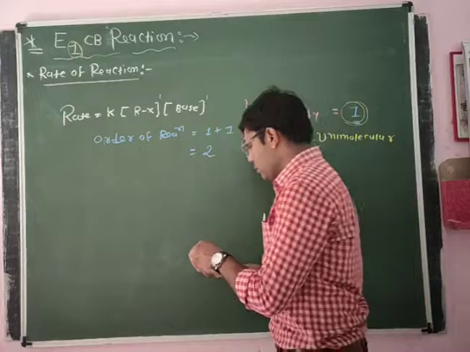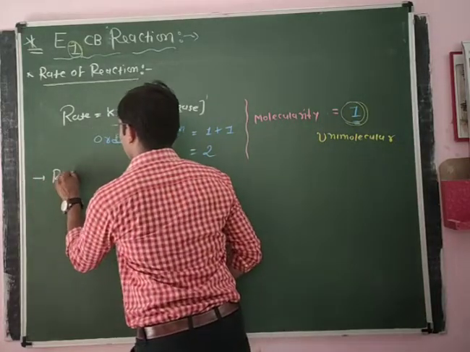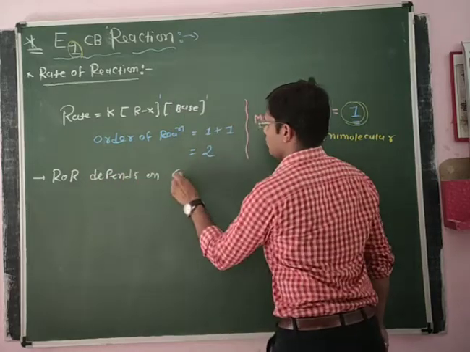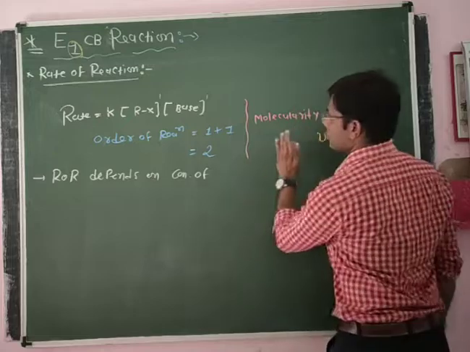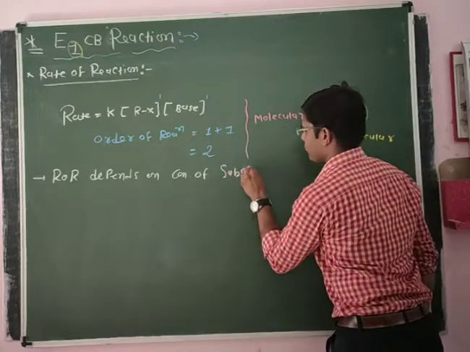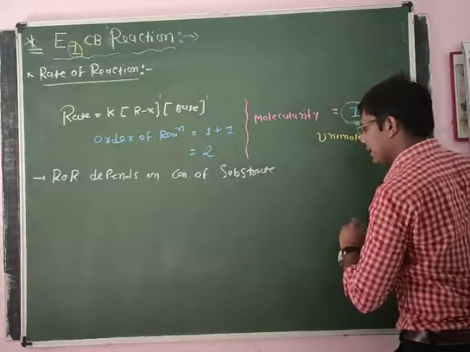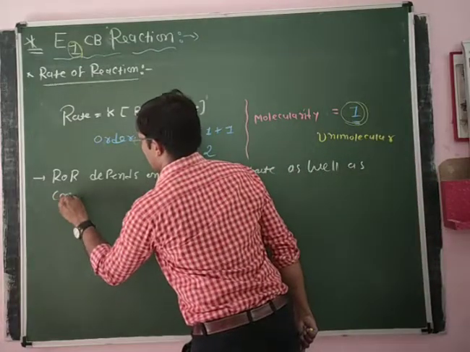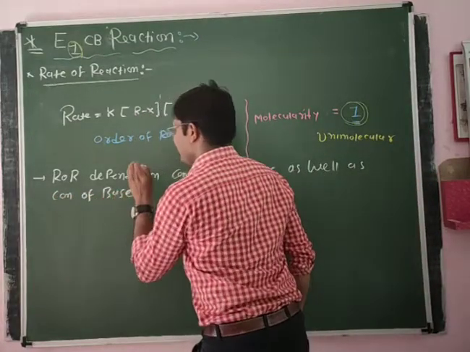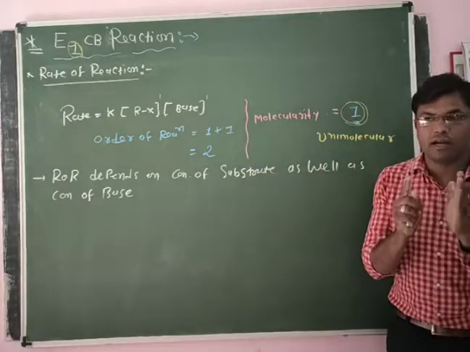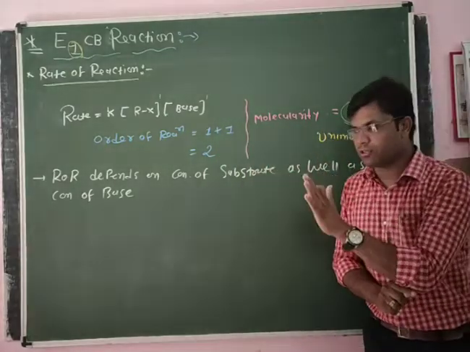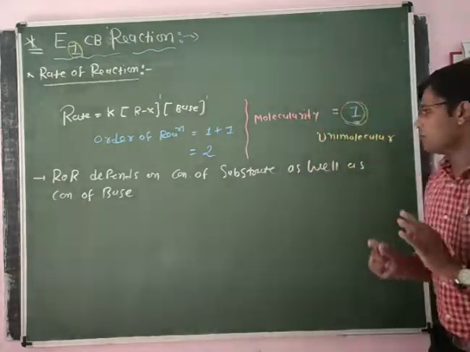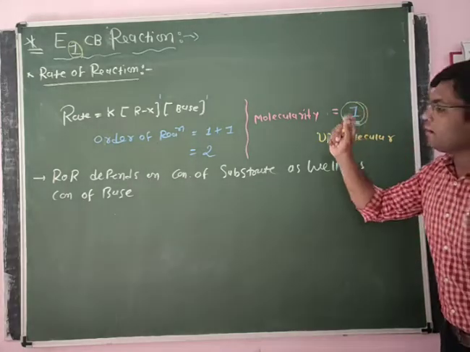So here we can say the rate of reaction depends on the concentration of substrate, meaning in this case alkyl halide, as well as the concentration of base. It means if we increase the concentration of substrate, the rate of reaction will increase, as well as if we increase the concentration of base, then the rate of reaction will also increase.